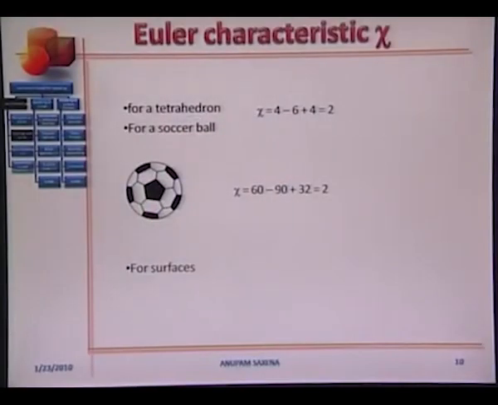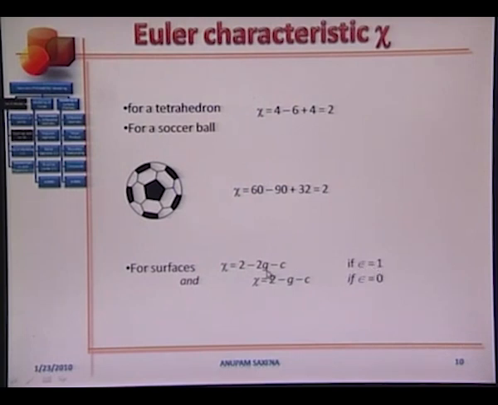For surfaces which are not polyhedral surfaces, the Euler characteristic chi is given by 2 minus 2 times g minus c for all orientable surfaces.